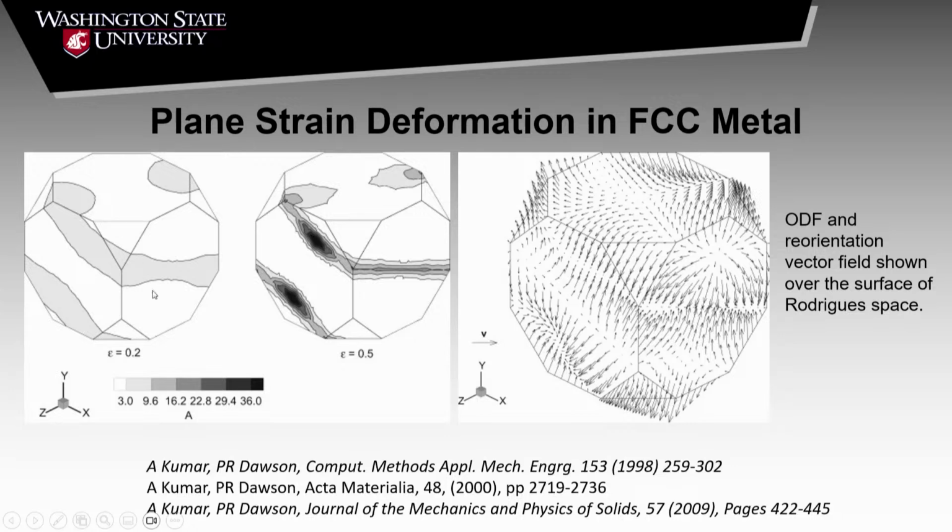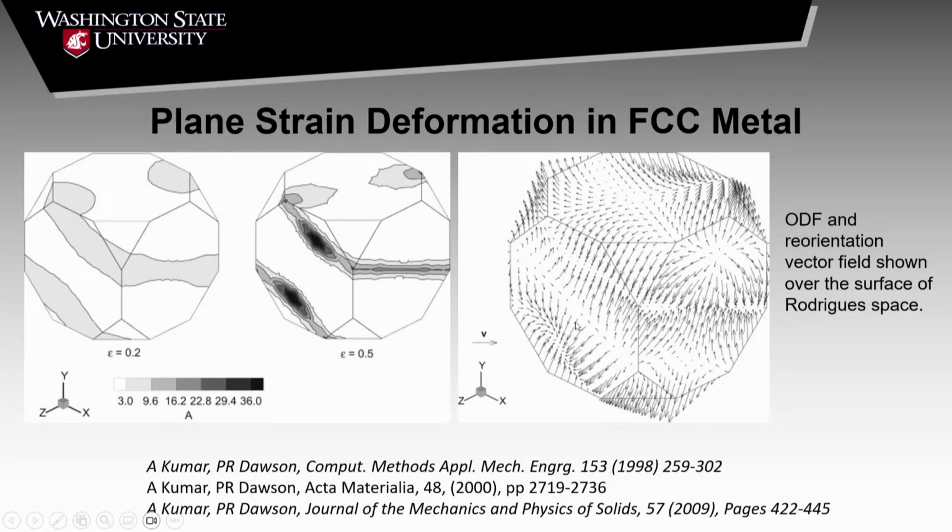So one of the ways to do this is to look at Rodrigues space. Remember Rodrigues space. This is just showing on the outside of the Rodrigues space where the orientations would be, and this is for an FCC rolling texture. Then it says if you move from a point that hasn't been deformed yet to a point that's starting to be deformed, this is how your rotations are evolving.